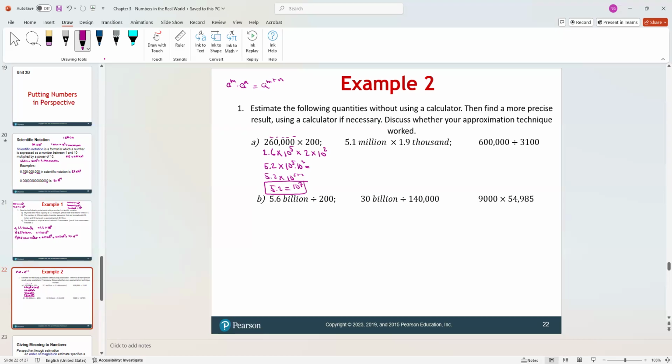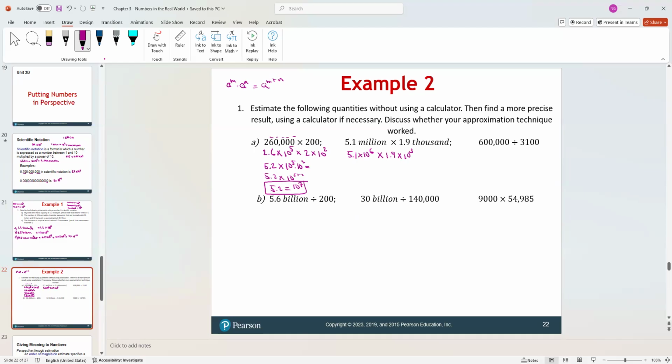The second one, instead of saying million like this one, remember 5.1 times 10, what is million again? Power 6, thank you. Times 1.9 times 10 power, how do you express 1,000? Power 3. Now, with a calculator, or if you want to, you can always verify. You have 5.1 times 1.9.